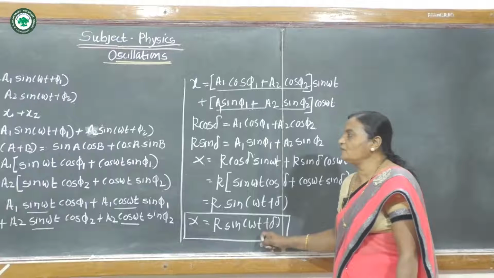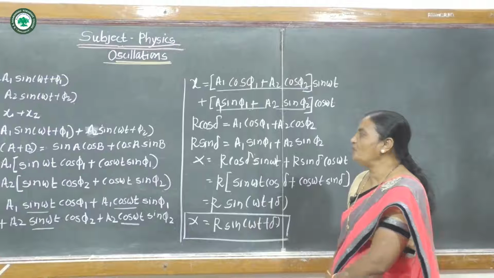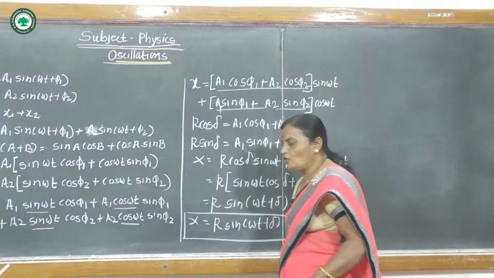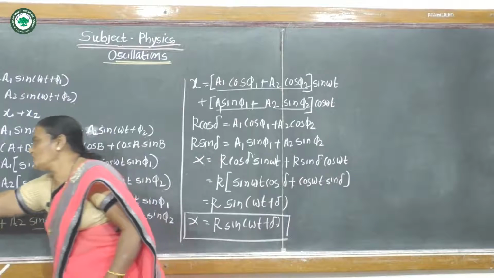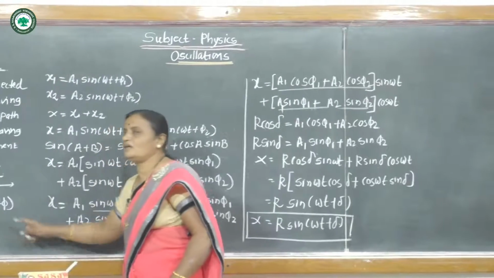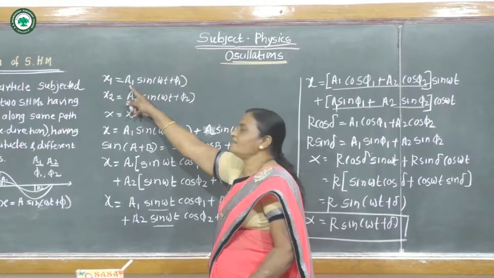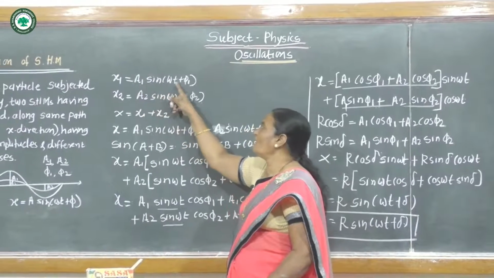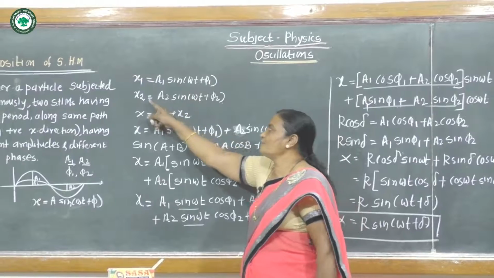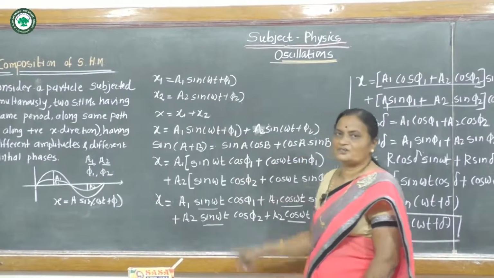Now for the resultant motion, initially we take the displacement as x is equal to a sin (omega t plus phi). Here we can take x1 is equal to a1 sin (omega t plus phi 1) and x2 is equal to a2 sin (omega t plus phi 2).